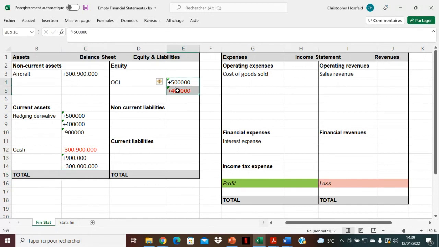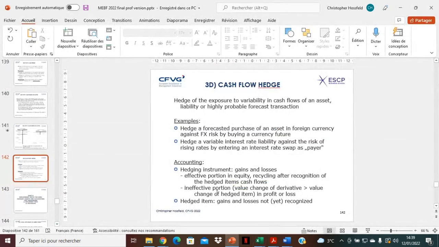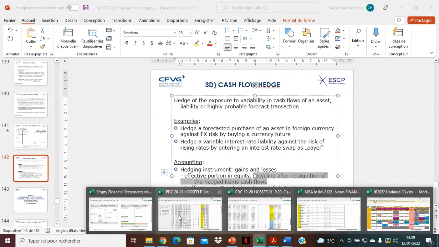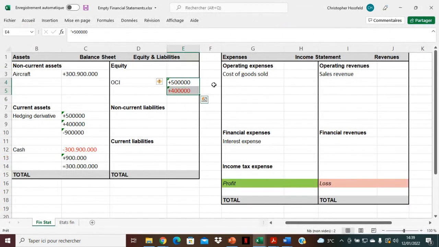But still now we have 900,000 in OCI, and OCI needs to be recycled when the cash flows happen. The cash flows did happen, so now I need to recycle. So we have to check what the hedge was about. Well, the hedge was about the aircraft. And we all agree that in euro, the real purchase price of the aircraft is not 300.9, but only 300. Because of the hedge, the purchase price is lower than what I actually paid to the supplier.